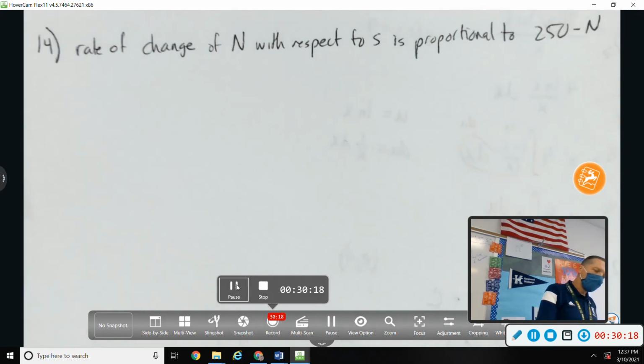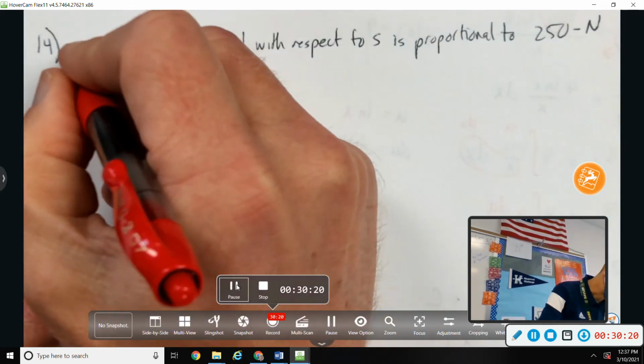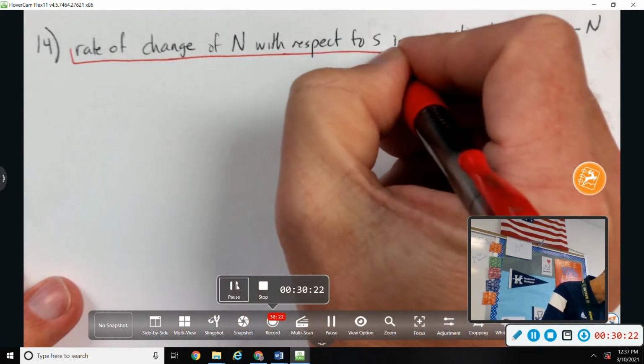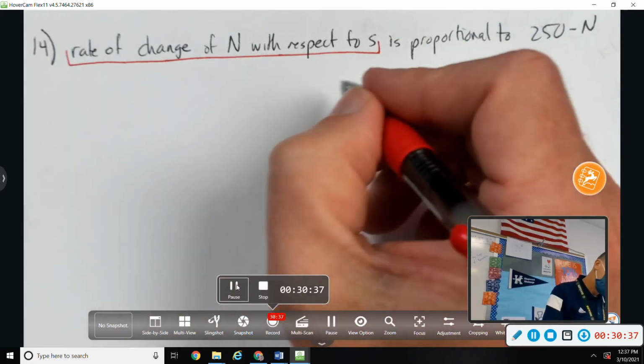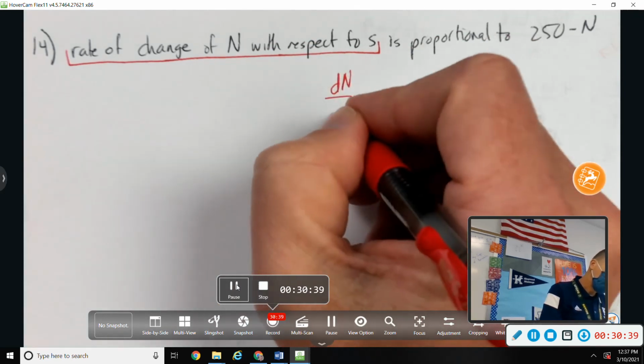I just wanted to write it down because I can color code some things now. Rate of change of n with respect to s. That's a lot of words. Can you simplify that into some calculus symbols for me? Yeah, dn ds.